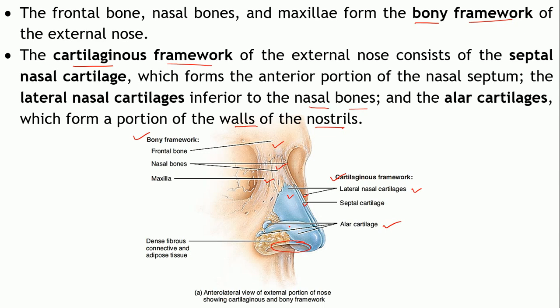So it forms the portion of the walls of the nostrils. So that's the alar cartilage. So these are the two frameworks which mainly give the external nose its structure. That is the bony framework which is lying superiorly, and the cartilaginous framework which lies inferiorly.